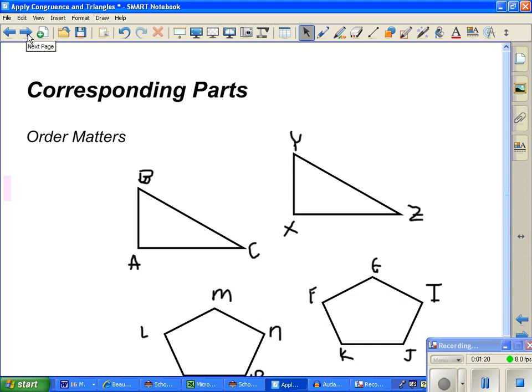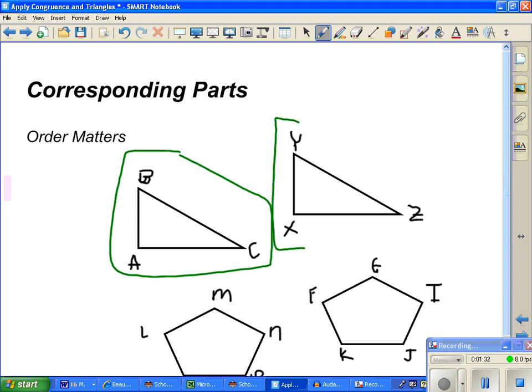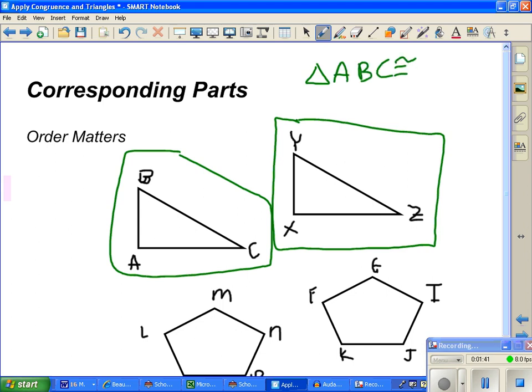Now, when you name triangles, when you name polygons, whatever you're doing, order matters. If I'm going to tell you that this triangle is congruent to this triangle here, I would say that triangle ABC is congruent to triangle, and I've got to make sure I go in the same order, naming the same angle.